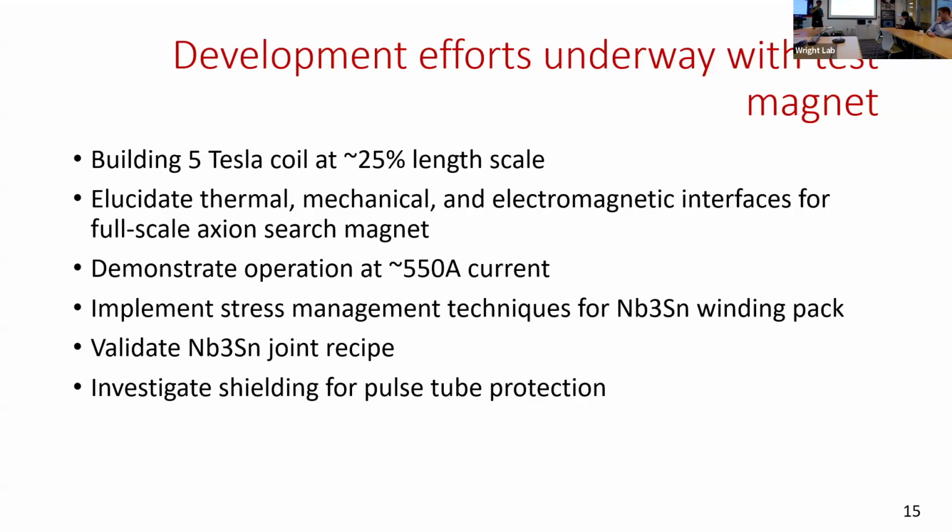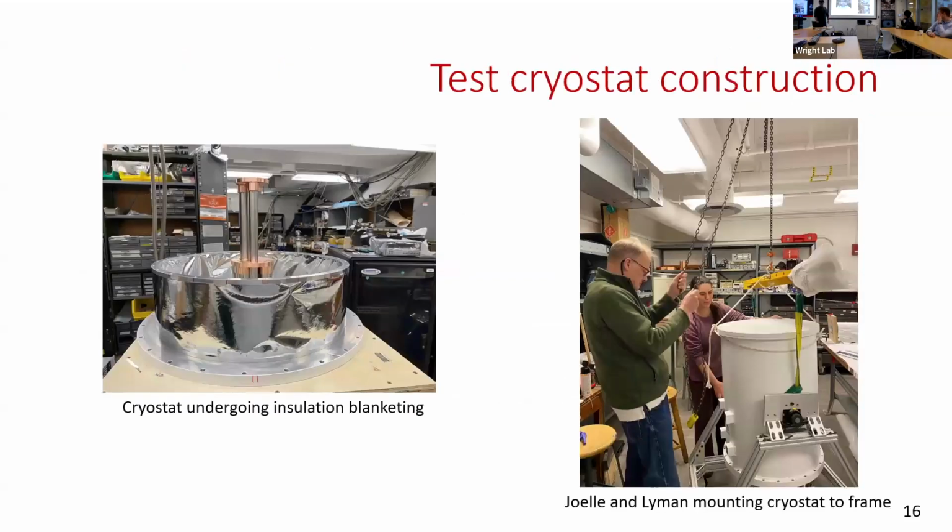When you make these magnets, it's many kilometers of winding, and you can't buy that as one wire, so you have to join spools together. So you want to have a superconducting joint there of niobium-3-tin wires. And then we are also investigating shielding for the pulse tubes. There is a possibility of adverse effects if the pulse tubes are subjected to too high of a field.